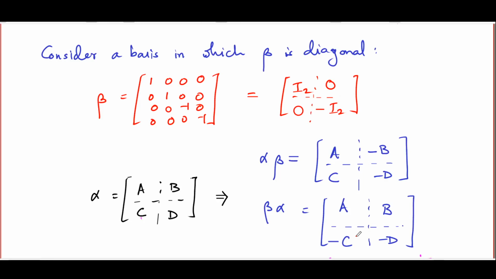And then we can use the standard rules of matrix multiplication to calculate the 2 products alpha beta and beta alpha. The sum of these 2 products must be 0. Now notice that if I add up alpha beta and beta alpha as shown, you can easily convince yourself that those expressions are correct. But if you add them up, the off diagonal pieces simply cancel. In the diagonal places you are left with twice A and minus twice D.